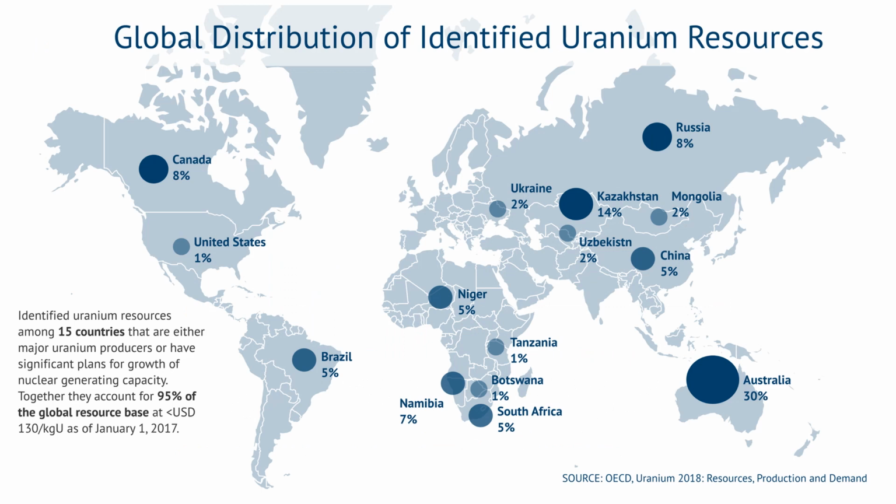These are the identified uranium sources among 15 countries that are either major uranium producers or have significant plans for the growth of the nuclear generating capacity. 50% of our uranium sources are found in Australia, and we have 14% found in Kazakhstan, and the rest are spread out in the other parts of the globe.